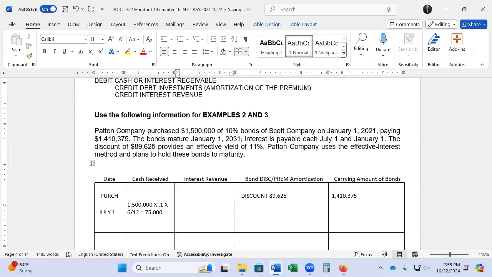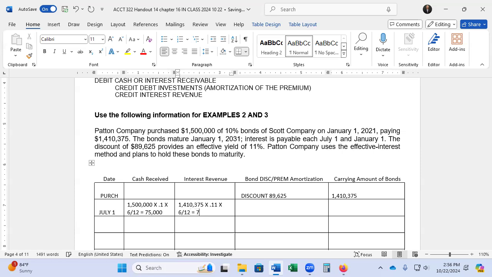Now, remember, we said we're going to record interest based on an 11%. And so how do we figure that out? We take the carrying amount, the 1,410,375, and we multiply it by 0.11, the effective rate, times 6 divided by 12.